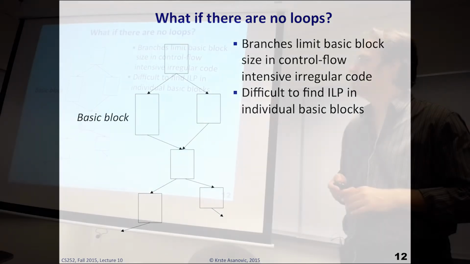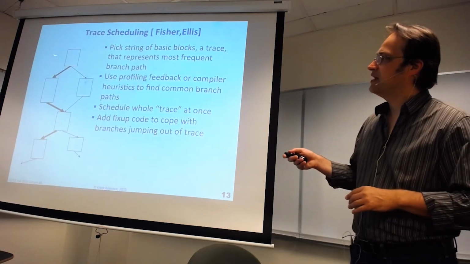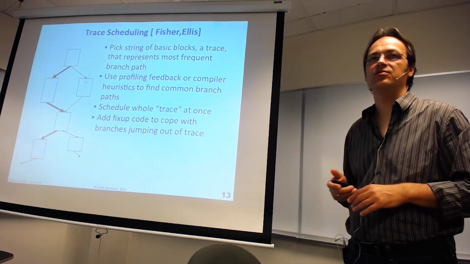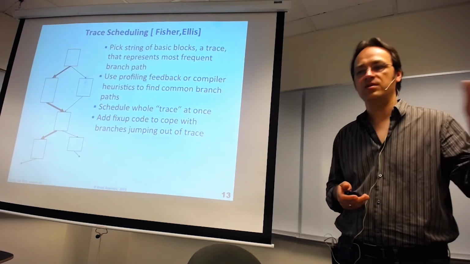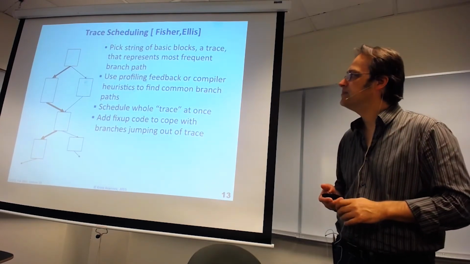So the idea of trace scheduling is, instead of thinking about one basic block at a time, to think about a path or a trace through the code. You look for the most common paths that the code takes through all the basic blocks.